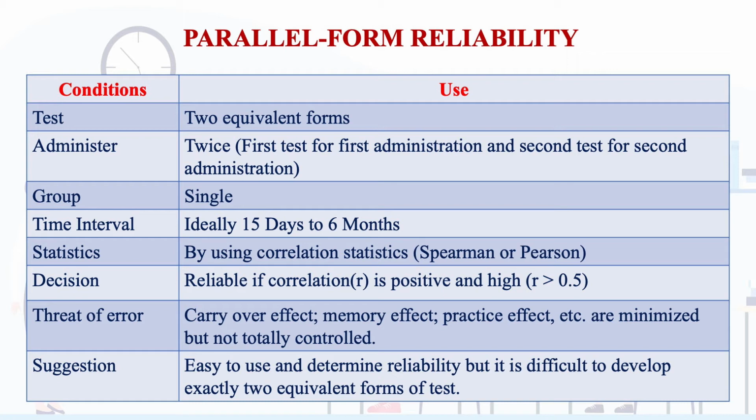So ultimately you will find two sets of scores. Then by using either Spearman or Pearson's method, you have to find the correlation between the two sets of scores. And if the correlation coefficient R is greater than 0.5, then you can say that your test has reliability.